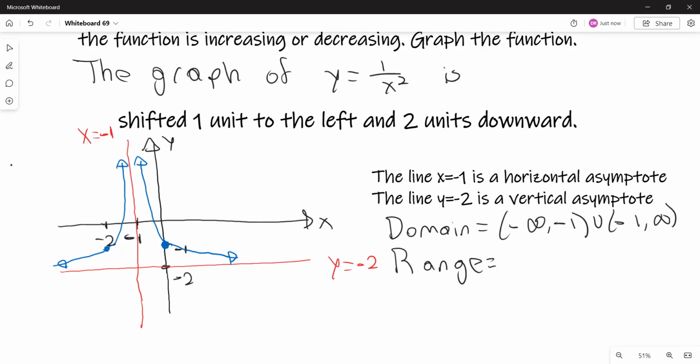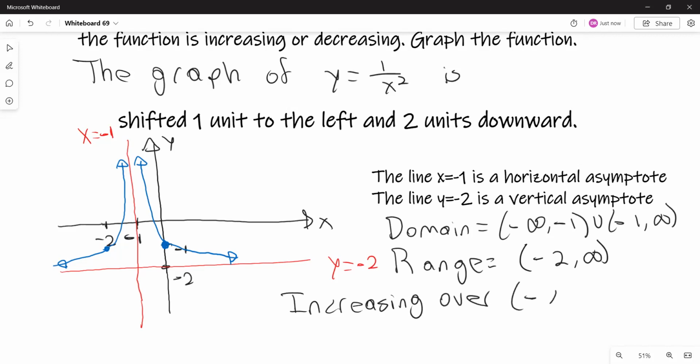So the range is going to be -2 to infinity. The function is increasing over -∞ to -1, and it is decreasing over -1 to infinity.